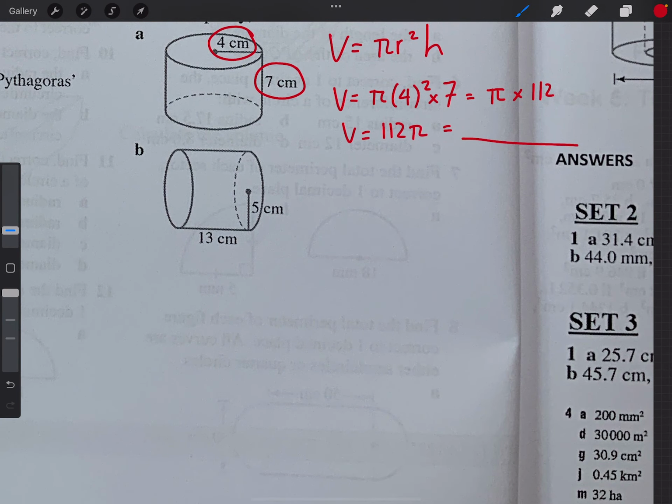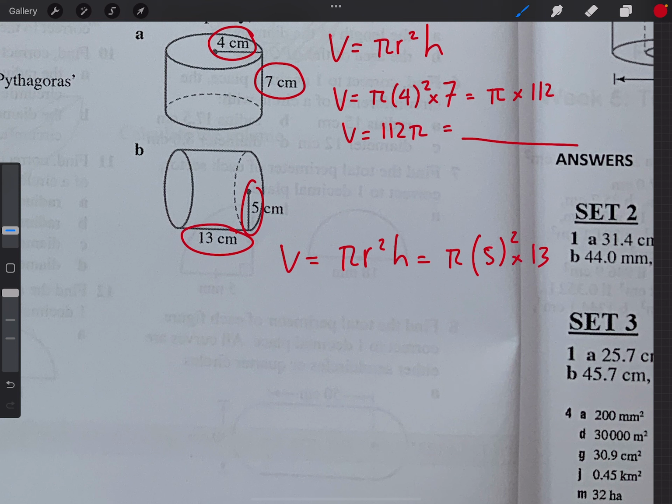Okay, next one. Same thing. Volume is equal to pi r squared times height. So that equals pi times r squared, which is 5 squared, times the height, which is 13.